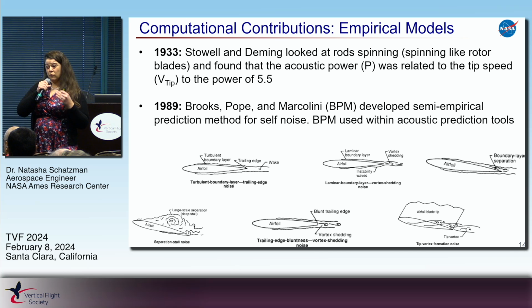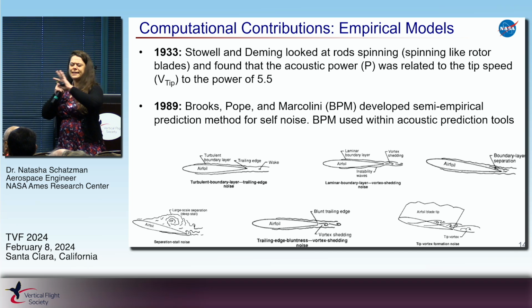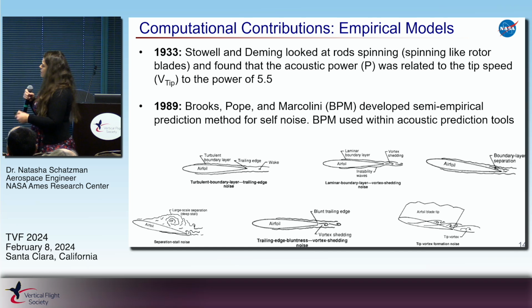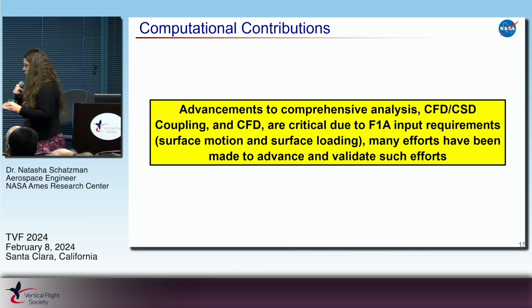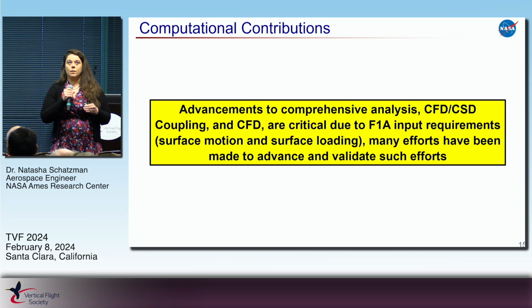Probably because they provided the Fortran code and it's really easy to just copy and paste it, but anyway, yes, we still use that to this day since 1989. Here are just some figures of all the different types of broadband noise components that were identified with that research.